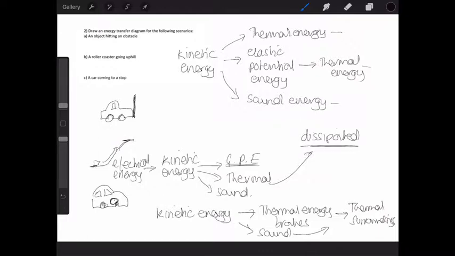Once it's at the top, that kinetic energy has been transferred into gravitational potential energy, but it wasn't 100% efficient because there was thermal energy and sound that got dissipated to the surroundings. In a roller coaster, once it's got to the top of that first climb, there is no more electrical input at all. The rest of a roller coaster is purely a transfer of energy from that original gravitational potential energy.